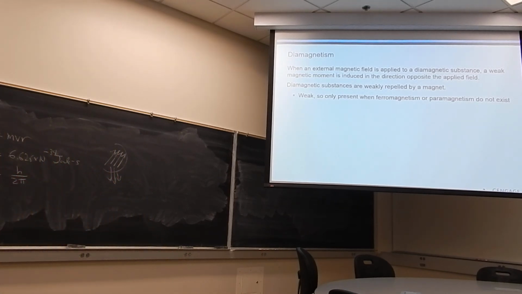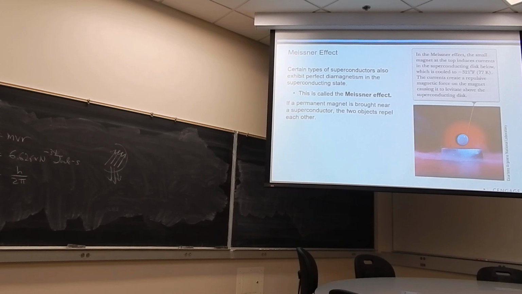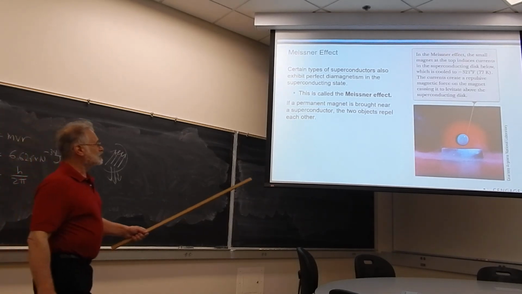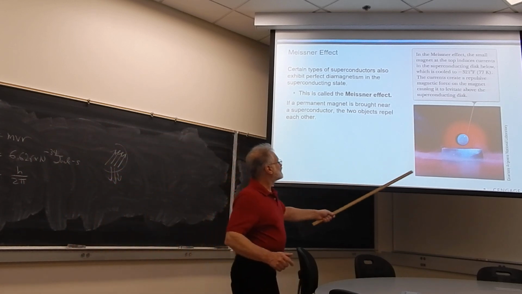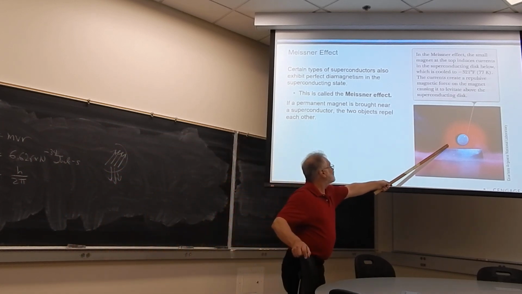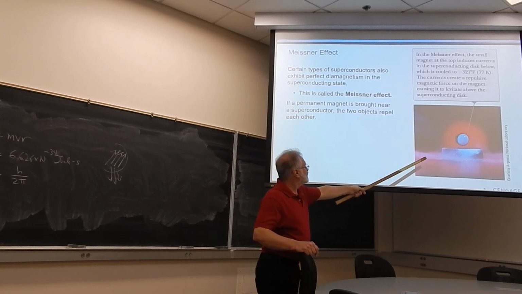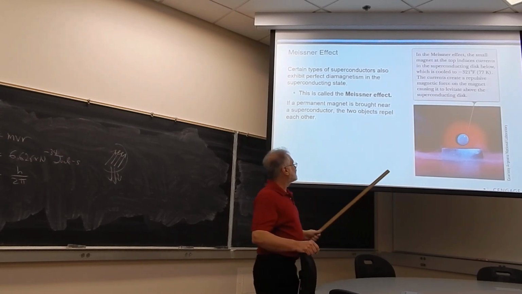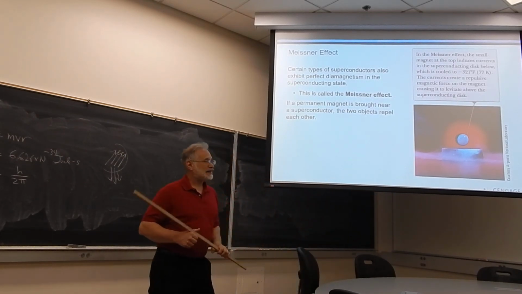One nice example of diamagnetism is in solid state physics or condensed matter physics, where we talk about superconductors exhibiting the Meissner effect. The Meissner effect is what happens if I bring a permanent magnet near a superconductor. You'll see that the magnet is actually repelled from the superconducting material and undergoes what we call magnetic levitation.